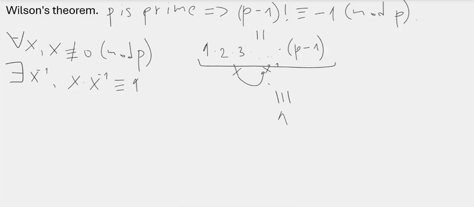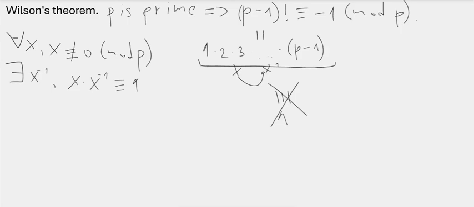This argument actually doesn't work that way, and the reason is that the inverse can be the number itself.